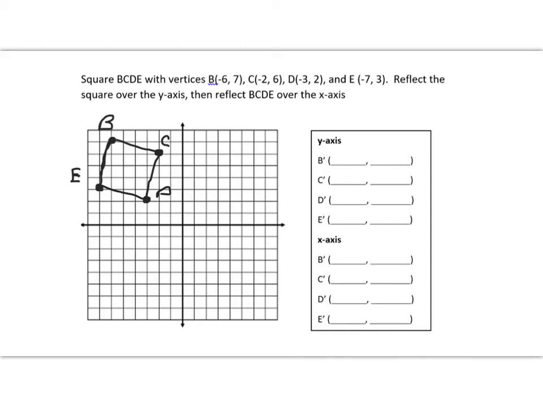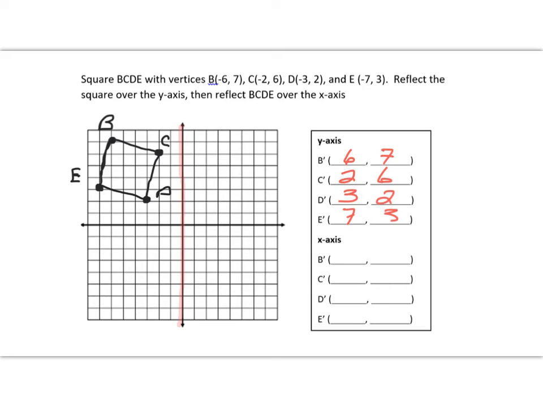So the first time I'm going to reflect it over the y-axis. So remember, I always say we should highlight what we are reflecting over. Okay, so I'm going to reflect it over the y-axis. If you think about it, what I'm really doing is just changing my x values, because I'm going from left to right. So if I change my x values, this should be 6, 7, 2, 6, 3, 2, 7, 3.